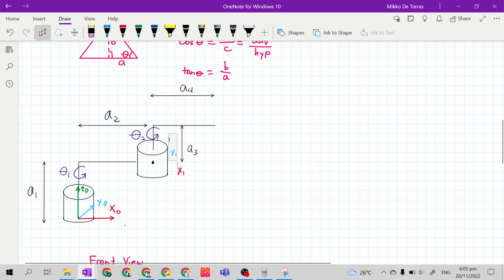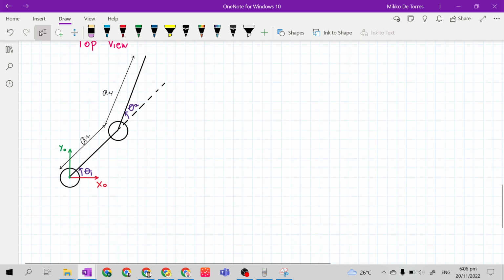You will not use the other frames. Just leave the link lengths and the joint variables, because you will need these. In step 2, you will redraw your kinematic diagram. You may redraw your kinematic diagram in front view or in top view.